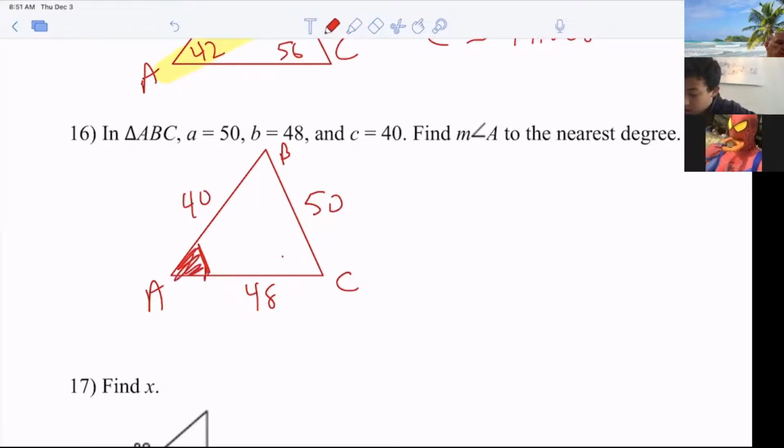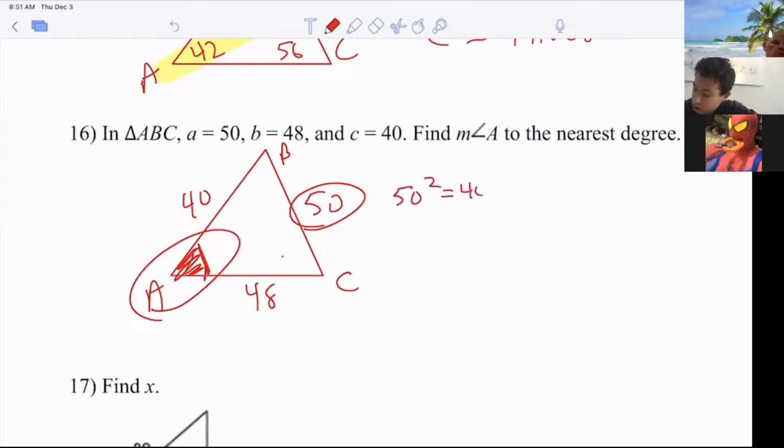So now you have to remember the 50 and the A go on the outside of the formula, right? So now it's just 50 squared equals 40 squared plus 48 squared minus 2 times 40 times 48 times cosine of A. Here we go. 50 squared minus 40 squared minus 48 squared, divided by negative 2 times 40 times 48.